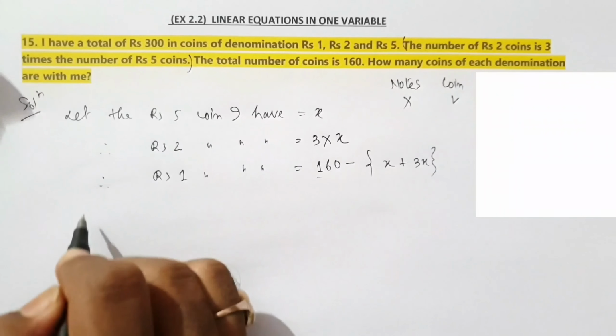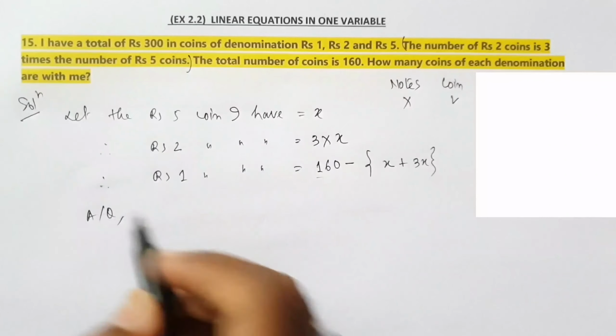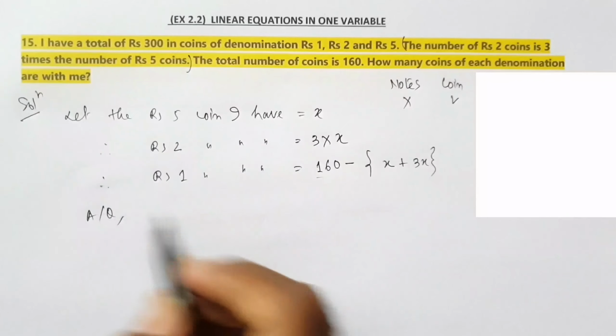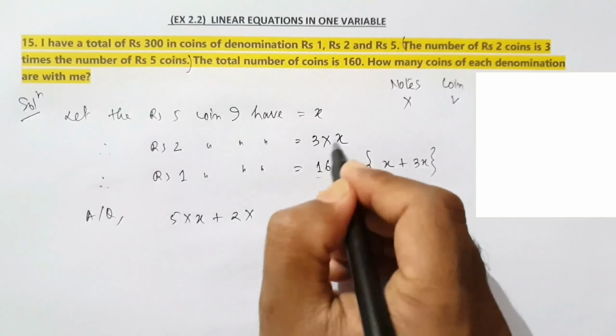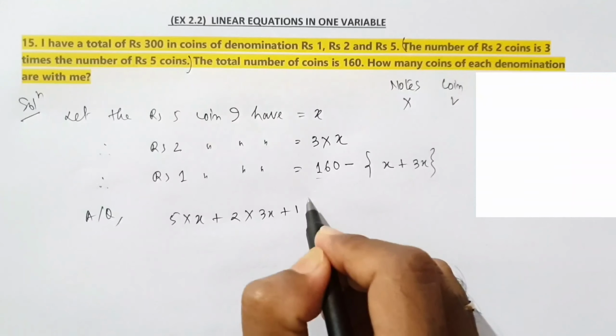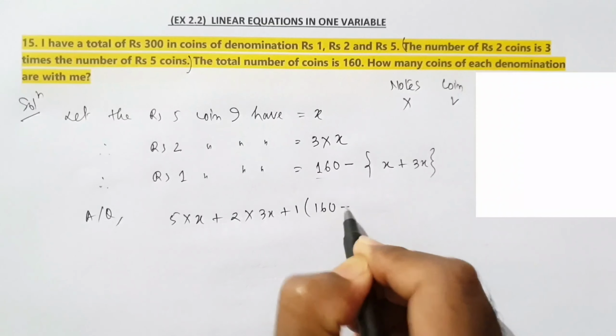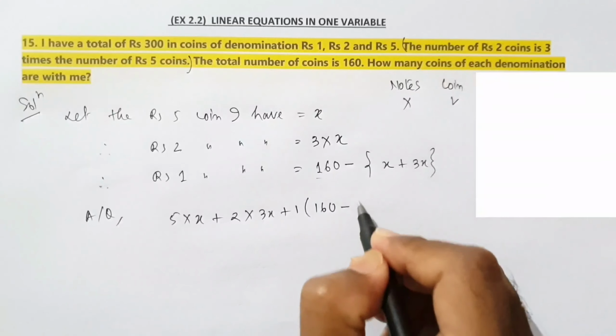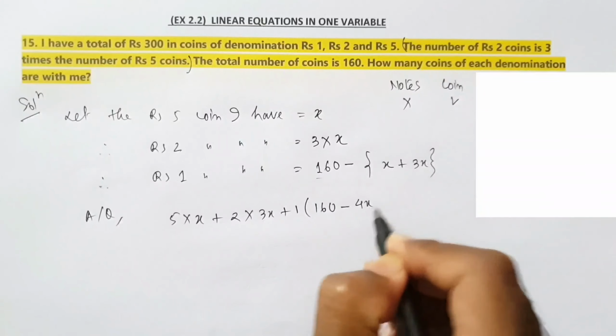Now according to the question, once I add all the coins, I get a total amount of 300. So 5 rupee coins I have x number, 2 rupee coins I have 3x number, and 1 rupee coins I have 160 minus x plus 3x, means 4x number.